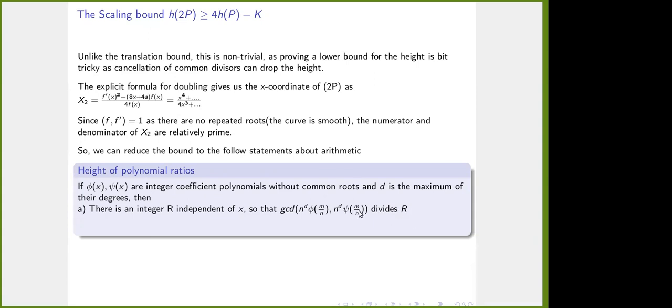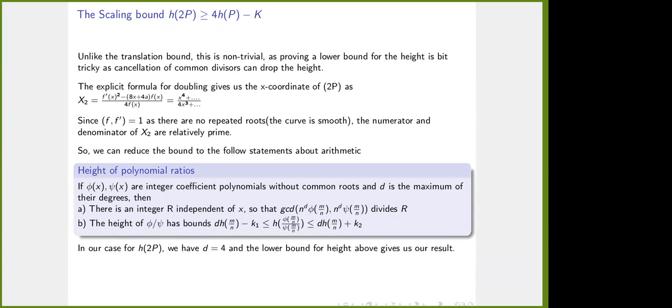This r is independent of m and n; it only depends on the polynomials, not on the point. So the cancellation is not too bad. The cancellation can be at most r.